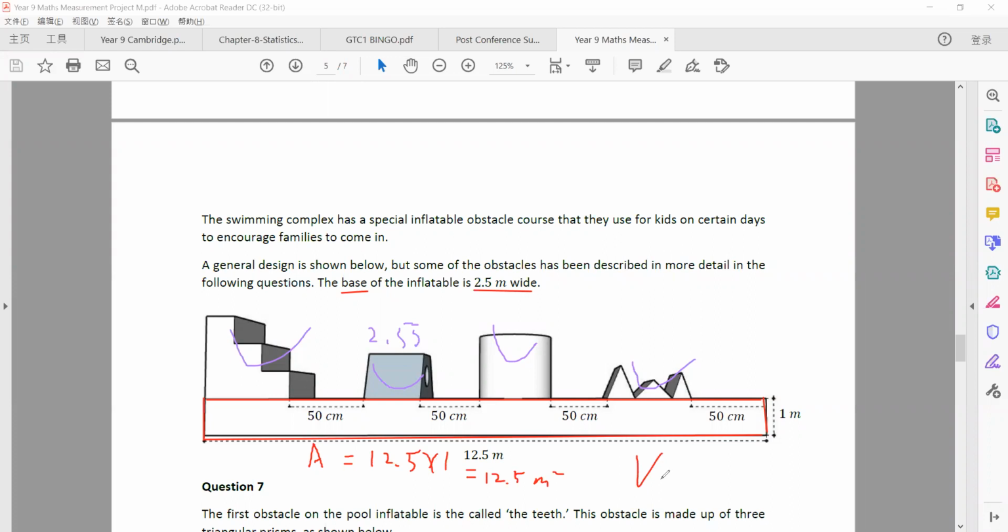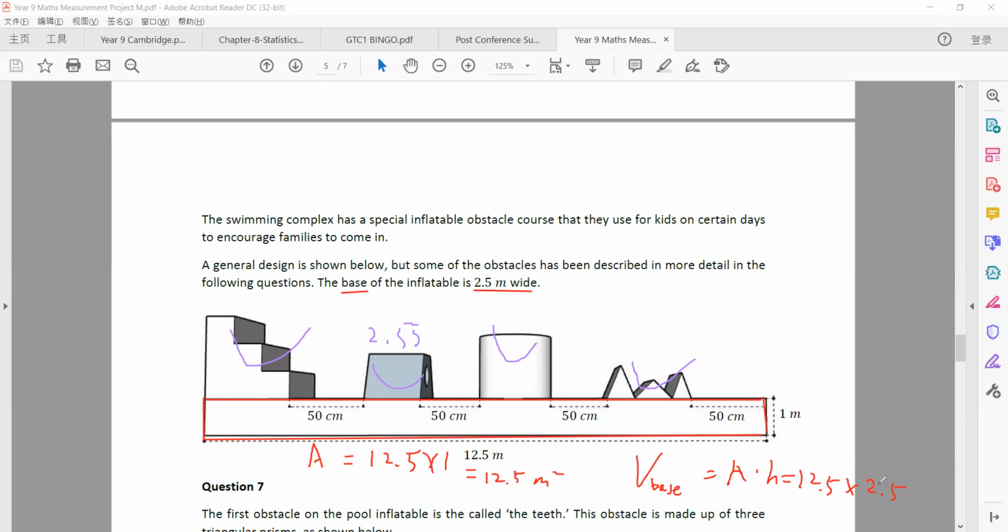So for the volume of the base, that's A times H. So that's 12.5 times H, which is 2.5. Then you do the calculation.